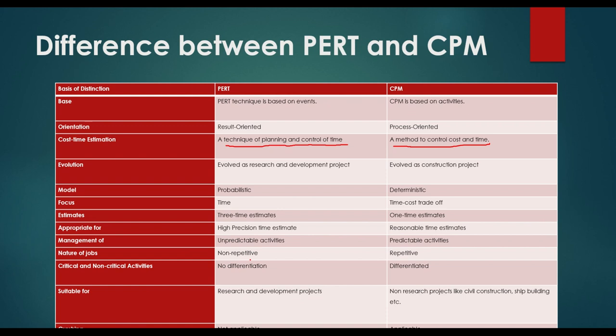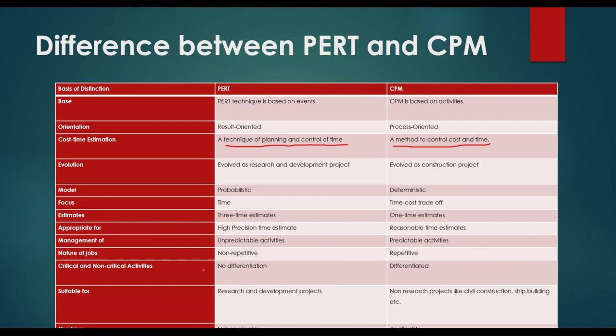Nature of jobs: in PERT they are non-repetitive, because once you have identified the activities, you will just put them in order. But in CPM these are repetitive, because so many times we have calculated critical paths, and we chose the best path. So many paths we derived, and out of all those paths we identified the critical path, the path which is taking the longest time. So this is repetitive in nature.